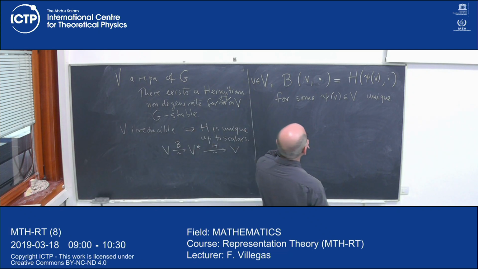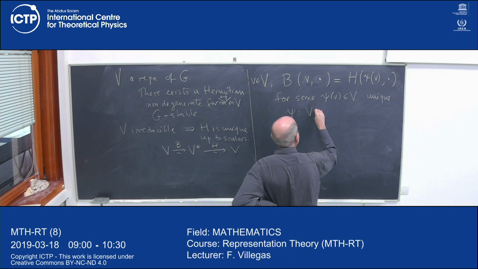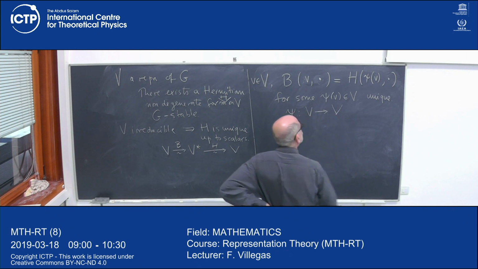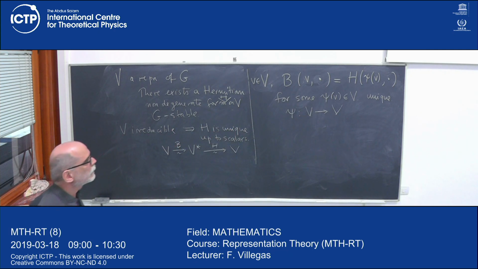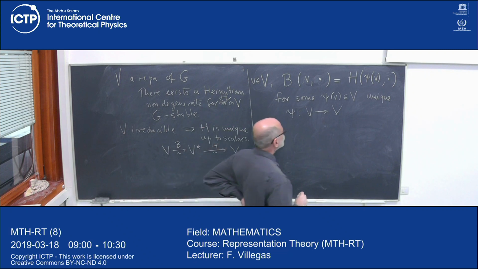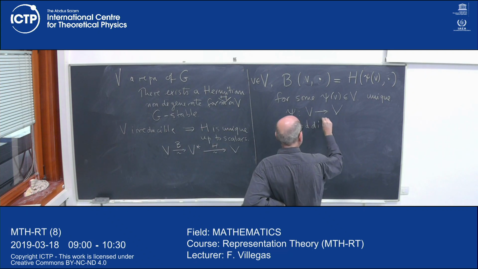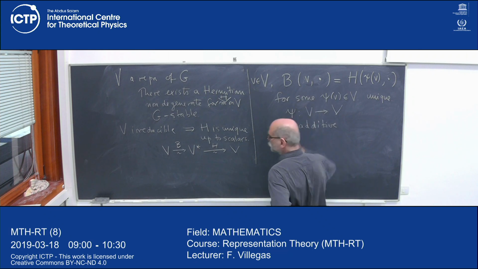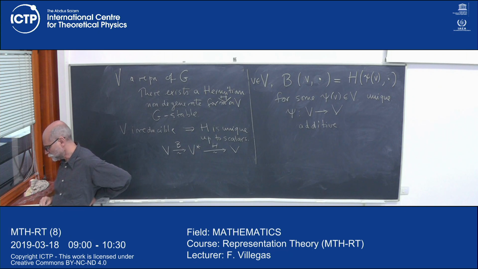And so what properties does this map psi have? It goes from V to V and is additive. So if I take the sum of v1 and v2, psi of v1 plus v2 would be psi of v1 plus psi of v2.